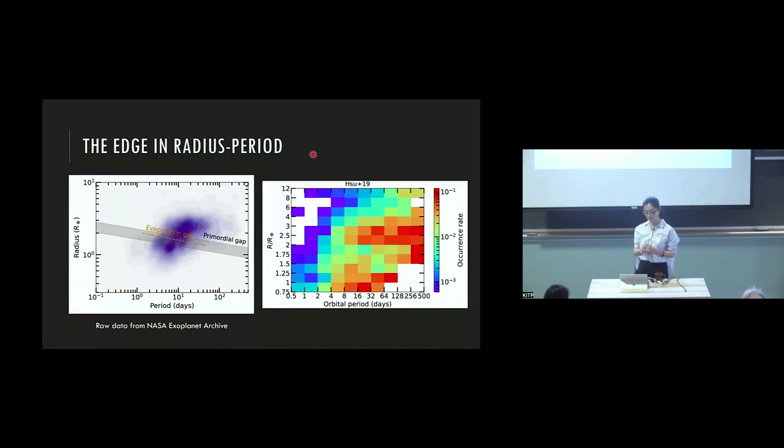But of course, the planets that are particularly close to the stars are susceptible to irradiation, and that can cause further mass loss and stripping of the gaseous envelope, and that can cause a transformation of the sub-Neptunes into rocky objects and cause further separation itself.